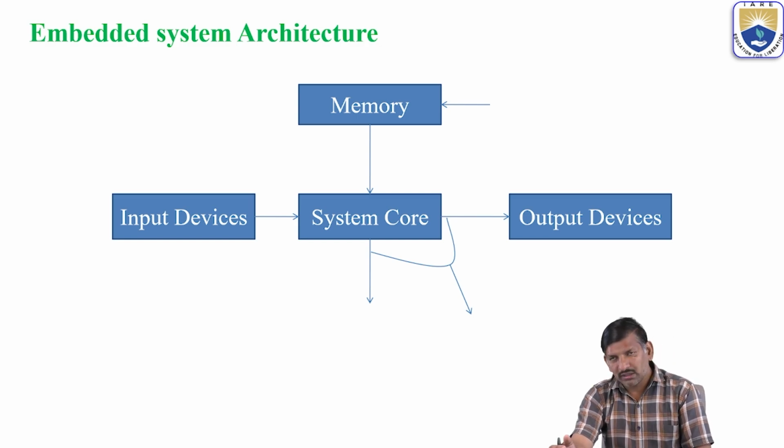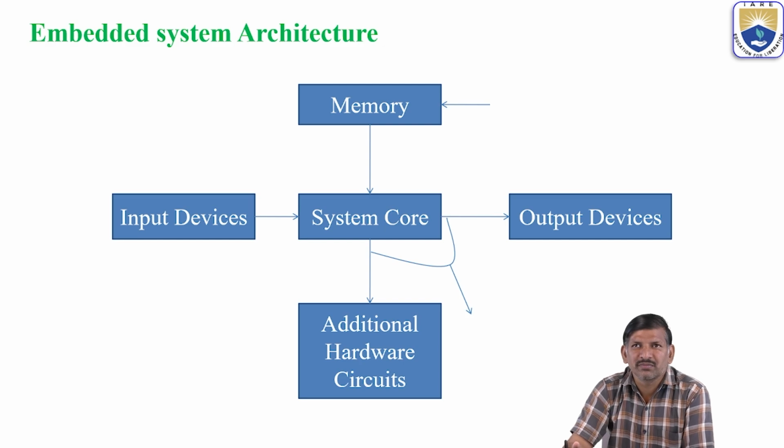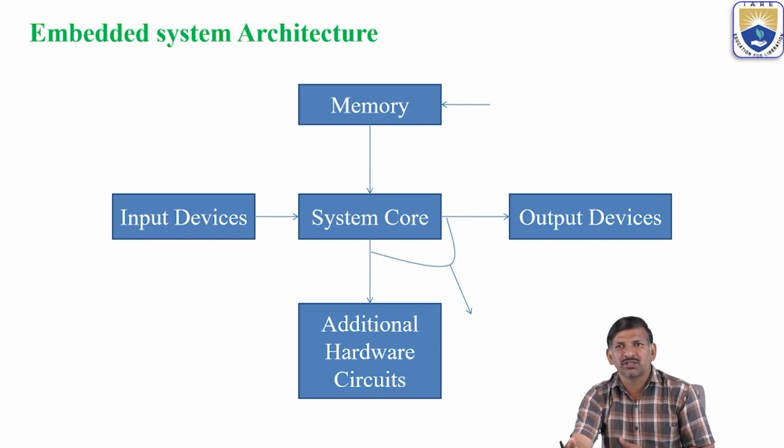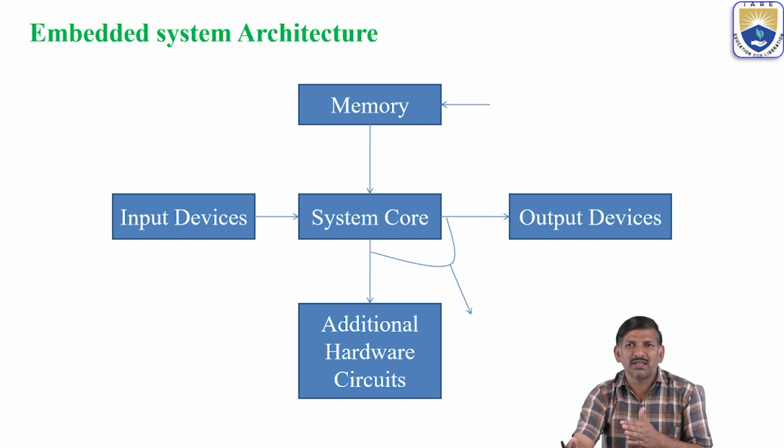Next, additional hardware for doing special functions. Our information is analog in nature, but the processing elements process digital information. So at that time we need to convert the analog information into digital.